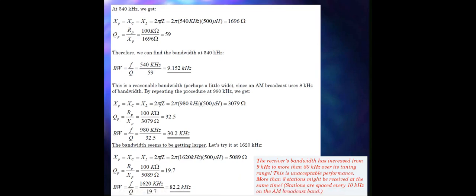So we see the bandwidth of any tuned circuit depends on the frequency it is tuned to, and generally for a parallel loaded capacitively tuned circuit, the higher the tuning frequency is, the greater the bandwidth, and in that case the selectivity becomes poorer. So for any tuned circuit to have a constant selectivity, the tuned frequency of the circuit must not be changed.